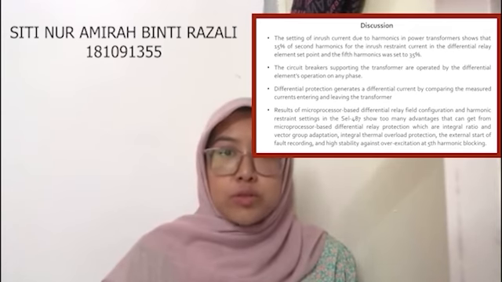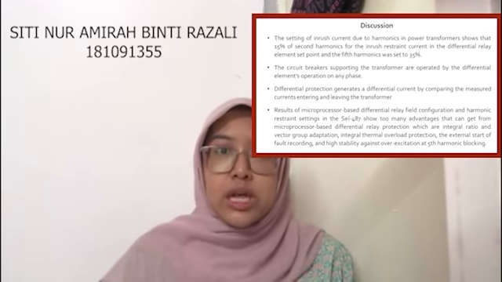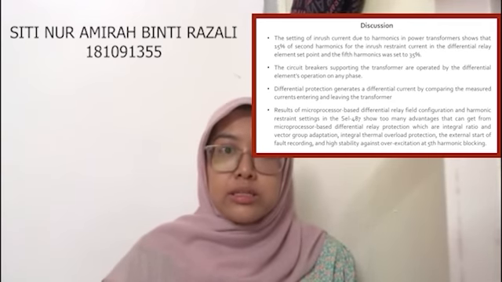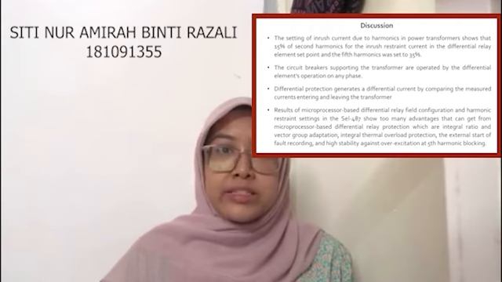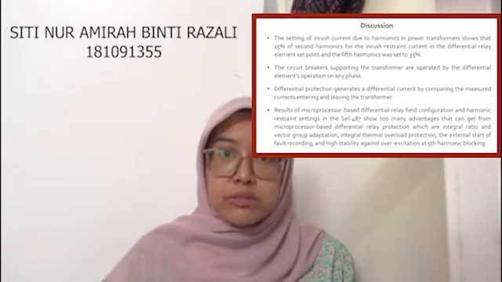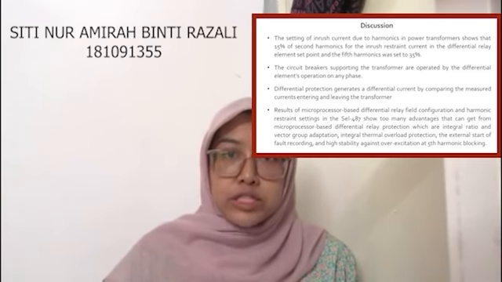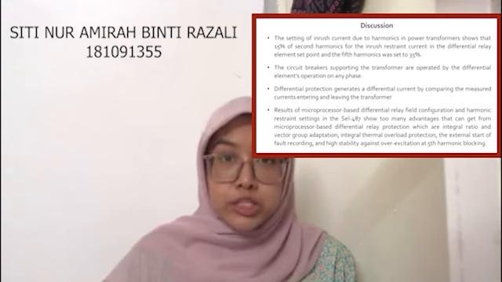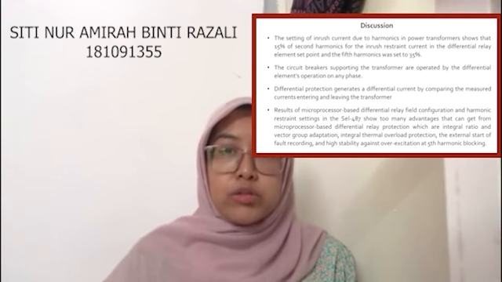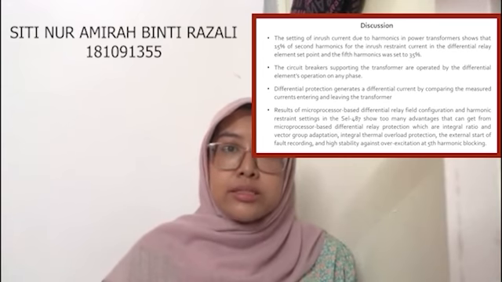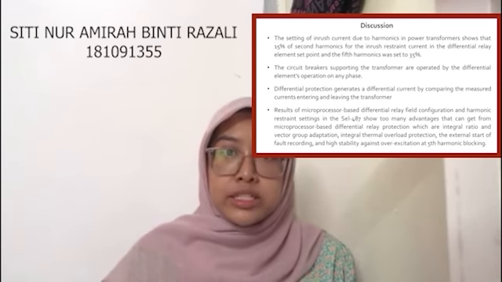The result of the microprocessor-based differential relay field configuration and harmonic restraint setting in the EMJ44803 shows the advantages that can be gained from microprocessor-based differential relay protection, which are integral ratio and vector group adaptation, integral thermal overload protection, the external start of fault recording, and high stability against over-excitation at fifth harmonic blocking.